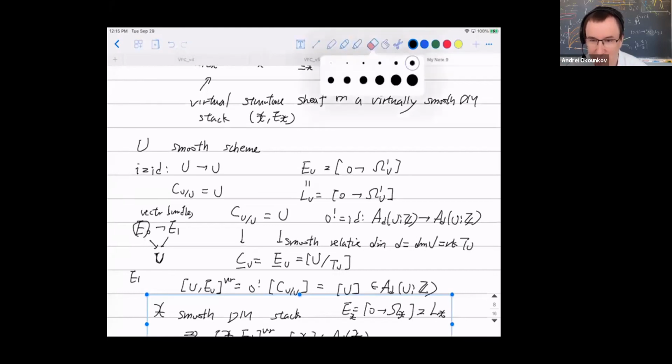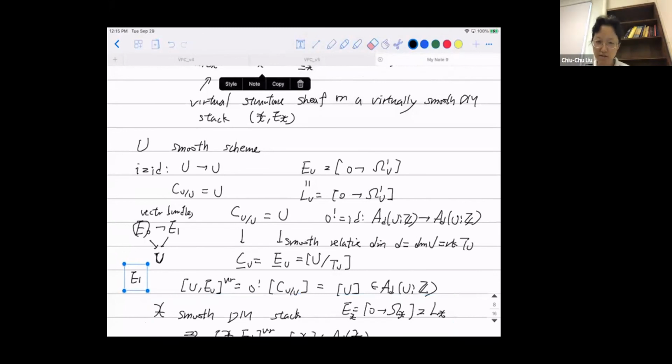This can also be interpreted as Lie algebra homology, extracting invariants for the action of the tangent bundle on the point. The two things are the same, so functions on that quotient are going to be the same as that. That's helpful.